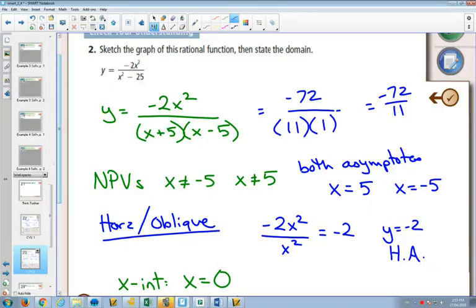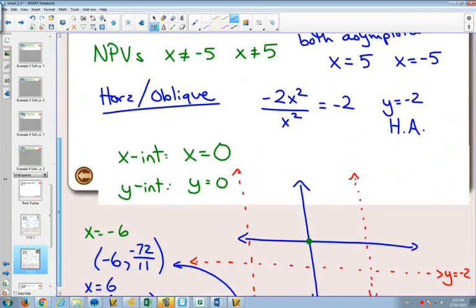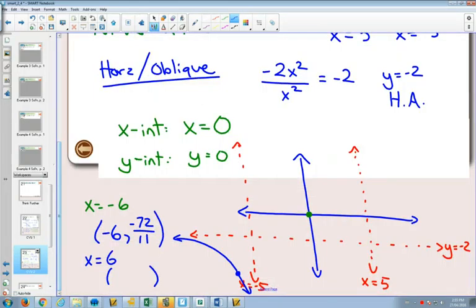And that still works out to -72 over 11. So in this section, we get 6 and -72 over 11 as well. So I'm going to estimate where that is. And when this goes near our asymptotes, this is what's going to happen.